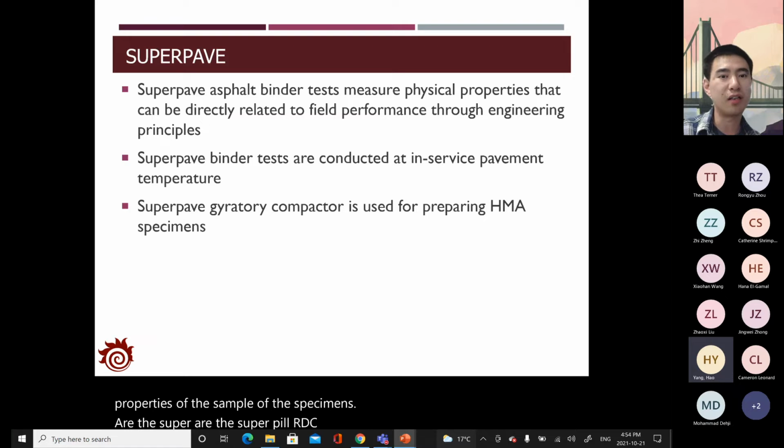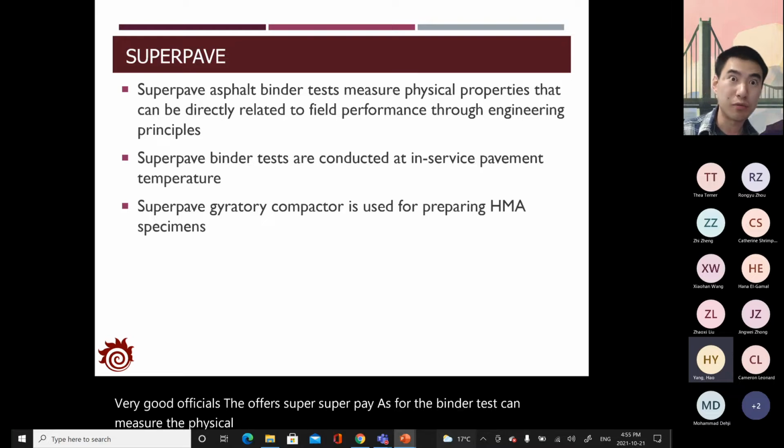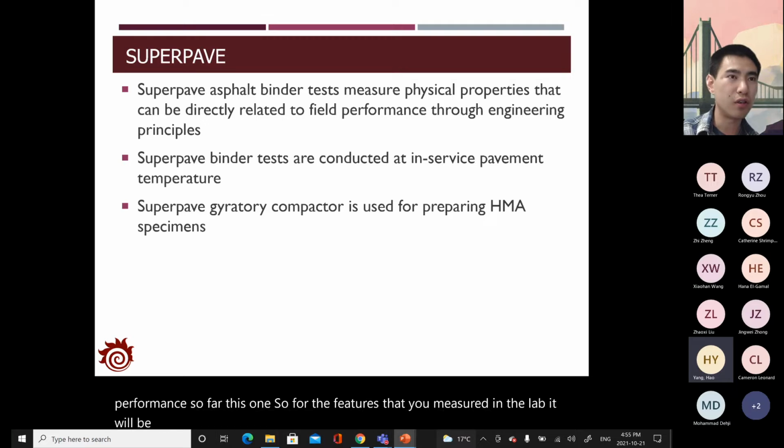SUPERPAVE has some very good features. First, the SUPERPAVE asphalt binder test can measure the physical properties which are directly related to the field performance. So the features that you measure in the lab will be close to the realistic features in the field.